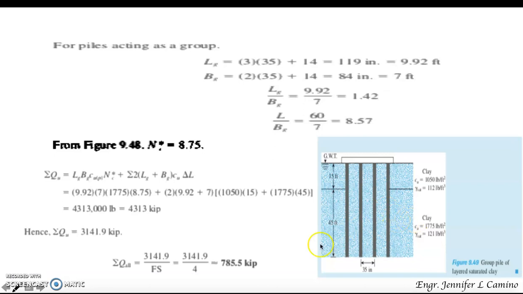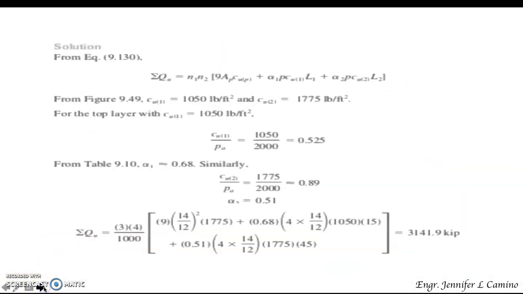And this is the figure for our group pile in layered saturated clay stated in our problem. So for the top layer with C sub U equal to 1,050 pounds per square foot, if we get the ratio between C sub U and atmospheric pressure, we have 0.525.